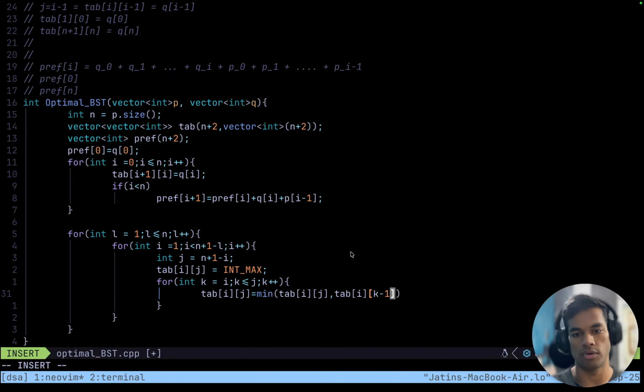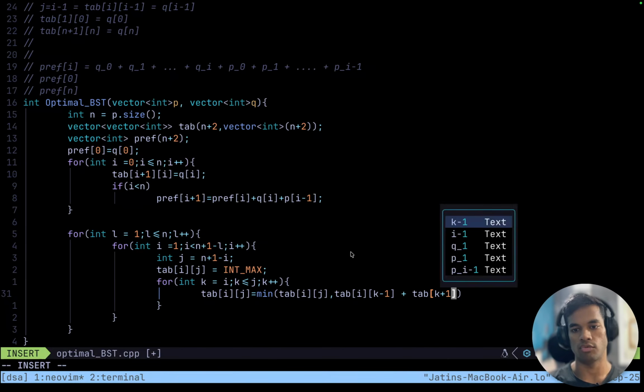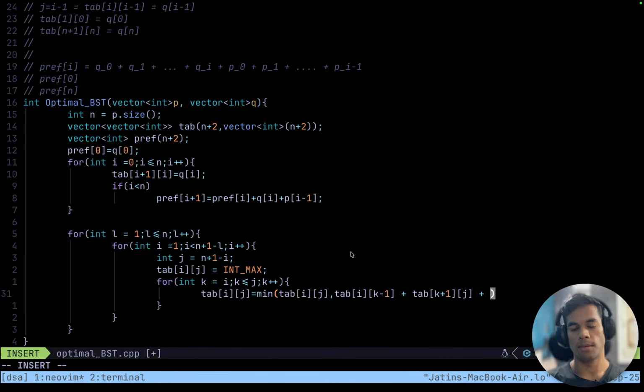till k minus 1, plus k plus 1 till j plus prefix of using all the nodes till j, jth node included, j plus 1.